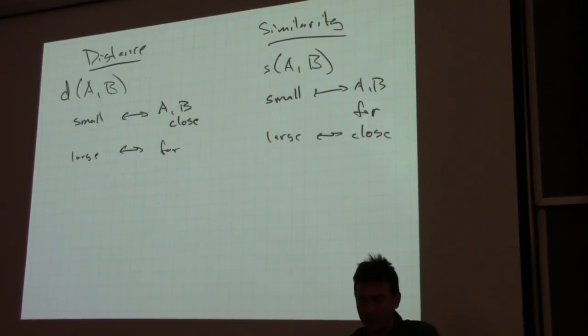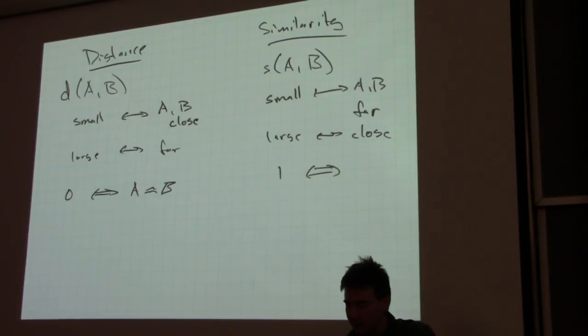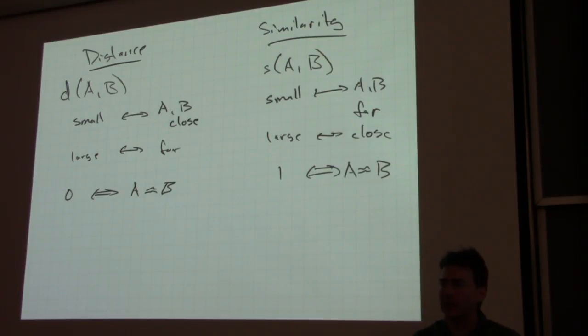Typically, if the distance is 0, this implies A is either the same or almost the same as B, whereas if the similarity is 1, it usually means that A is about the same as B. Sometimes it means they have to be exactly the same, but there are lots of variants of these things, so they're not always exactly the same.